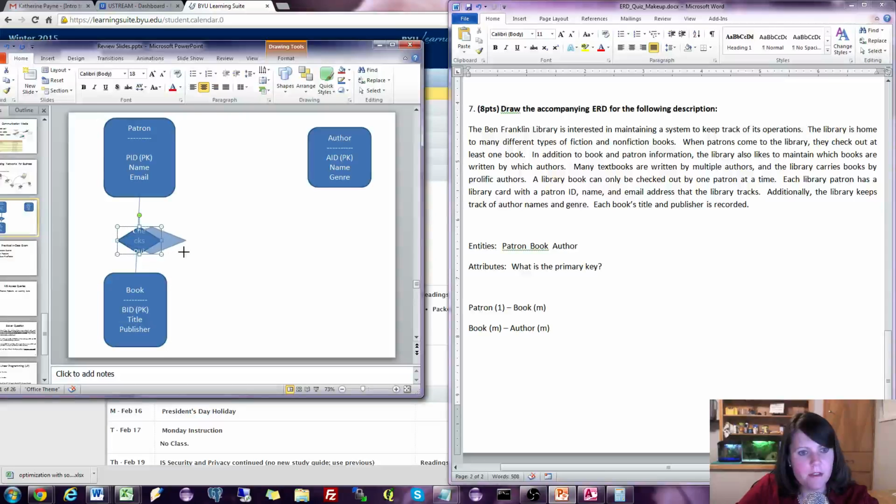Seems to make some sense. So we've got the diamond, and we have a one-to-many. So one patron can check out many books, and we need to represent that. I'm going to draw some crow's feet on the book side of the relationship. So now we see for every book, we've got one patron, and for every patron, we can have many books.